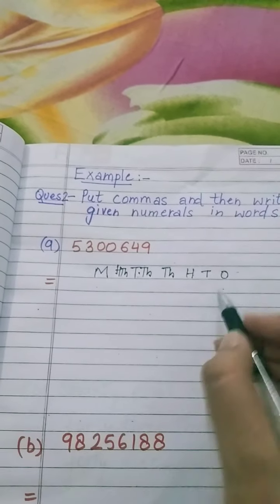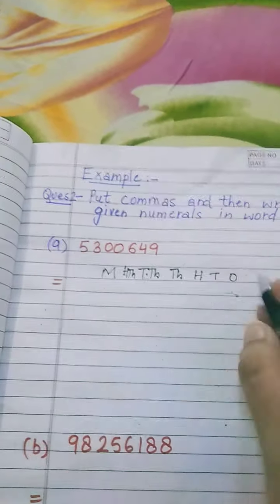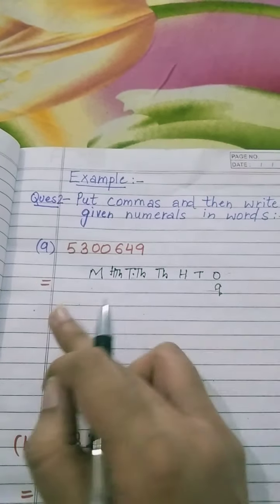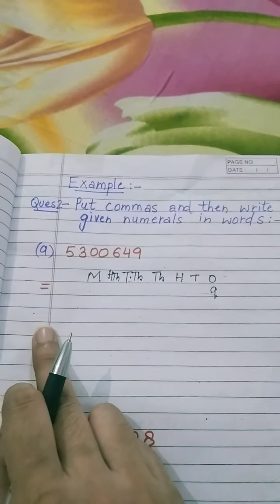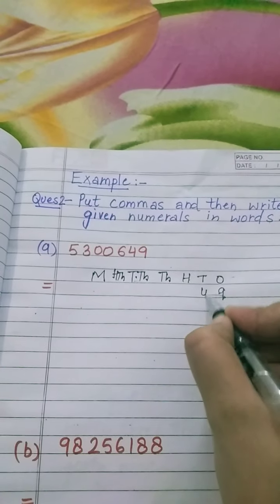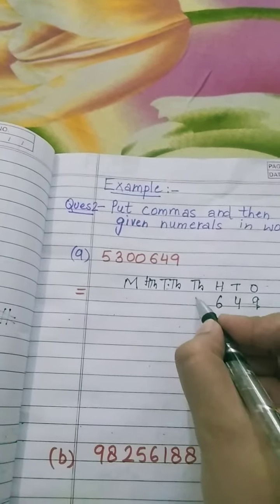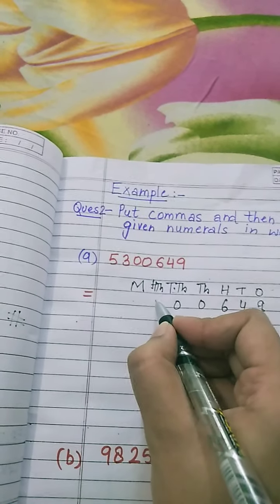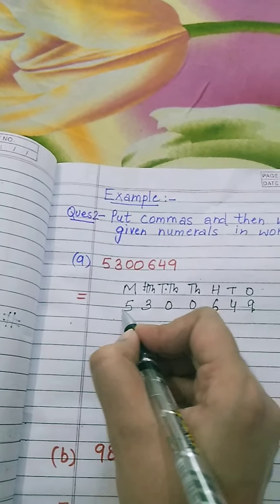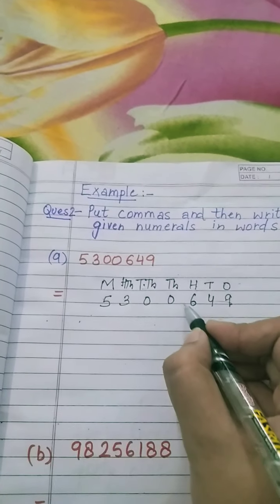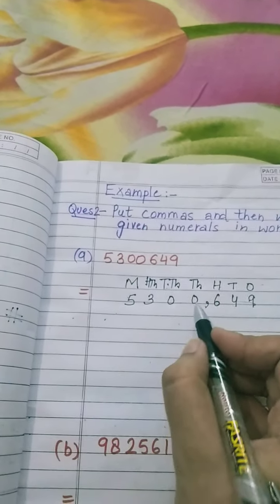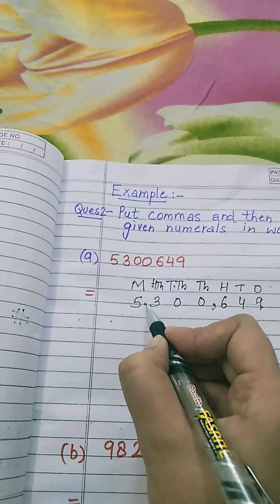Now we will put each digit under each place, starting from the right. We have to always start from the right. 4, 6, 0, 0, 3 and 5. Now we'll put the commas. First we will put the comma after 100, then the second comma after 100,000.